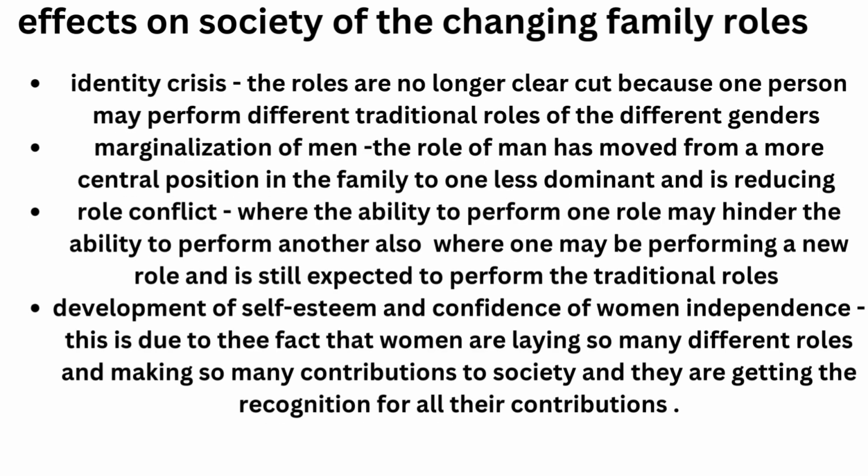Well, the roles are no longer clear-cut because one person may perform different traditional roles of the different genders. So, in society today, the effect of these changing roles has changed the identity and may cause identity crisis because the father may be playing the role of the mother while the mother is playing the role of the father. So the identity is no longer clear cut.